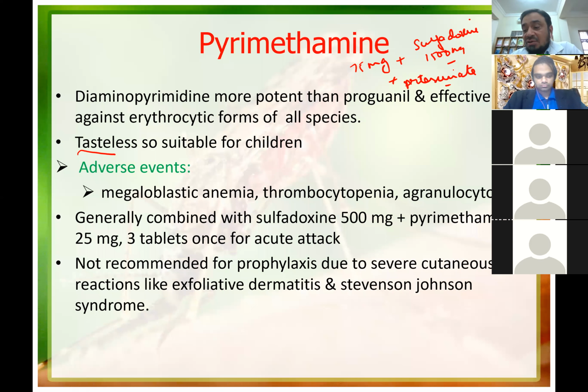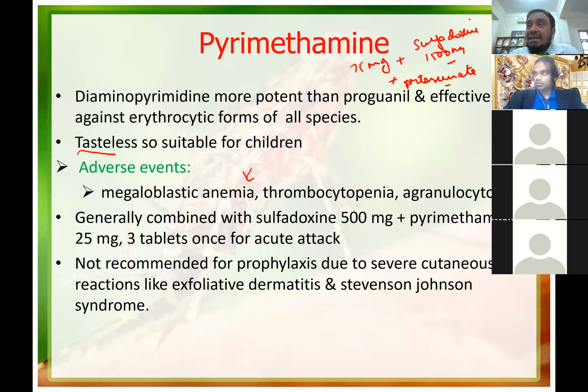Adverse effects of all the folate inhibitors, right, which inhibit the dihydrofolate reductase. What is the main adverse effect? They can cause folate deficiency. That's why they can cause megaloblastic anemia. Sulfonamides and pyrimethamine can cause thrombocytopenia and agranulocytosis.